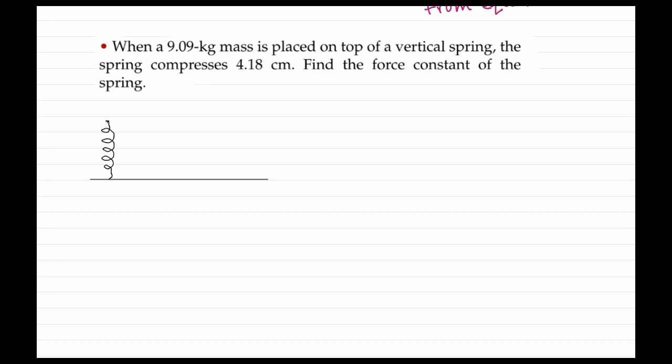And right here, the spring is neither compressed nor stretched. It's in its equilibrium position. So we can draw a line across to indicate the equilibrium position. Okay, so that dashed line there represents the equilibrium position. And what we do is we put a mass on top of this, and this has a habit of compressing the spring.